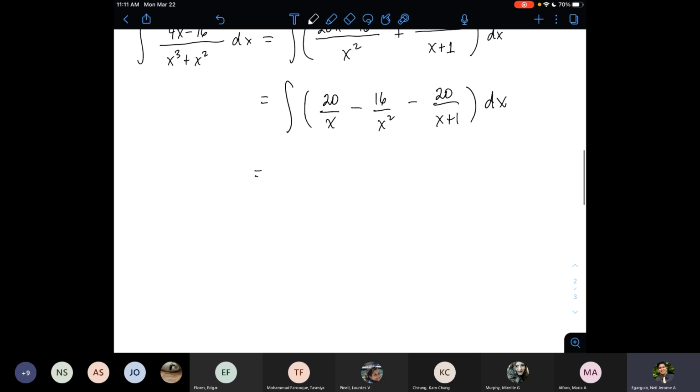And then you can integrate them one by one. So you'll have 20 ln of the absolute value of x minus 16 x to the minus 1 all over minus 1 minus 20 ln of the absolute value of x plus 1 plus the arbitrary constant c.